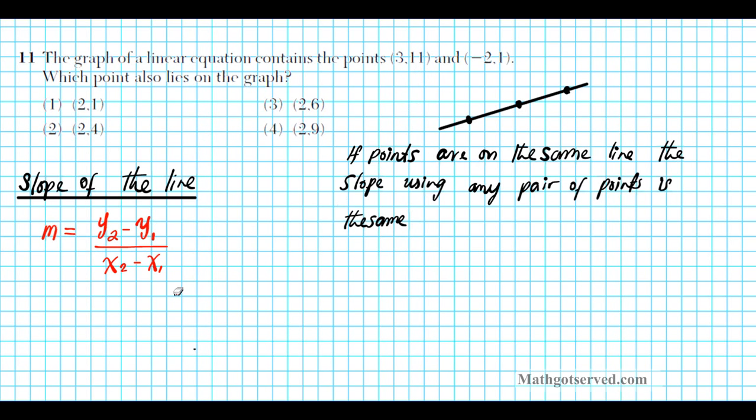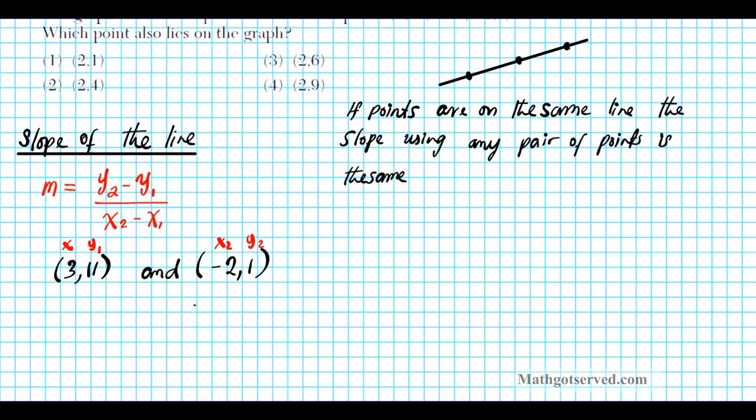We are looking at the points (3, 11) and (-2, 1). So this will be x1, y1, the first point, and x2, y2, the second point. We're using the indexes to identify the positioning of the points. All we'll do is apply this formula to these points to calculate the slope of the graph.